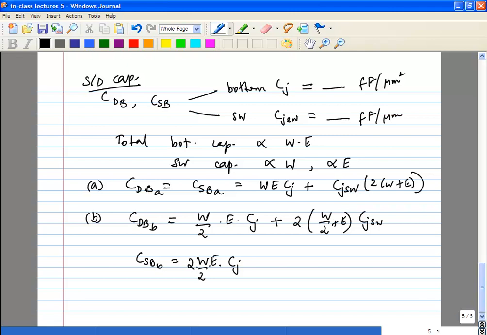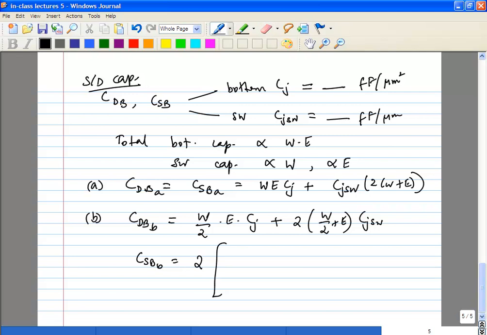Source bulk capacitance, you have 2W by 2 times E, because you have two sets of diffusions. Let's write it in a slightly different way. Let's just do the single one and multiply it by 2.